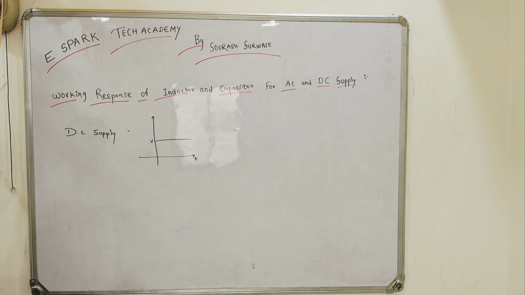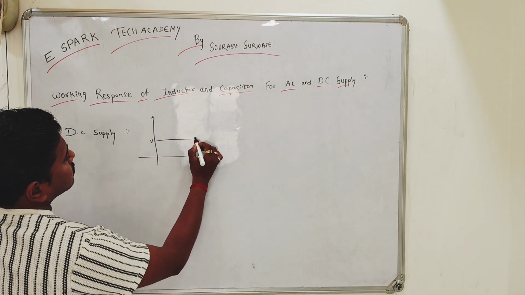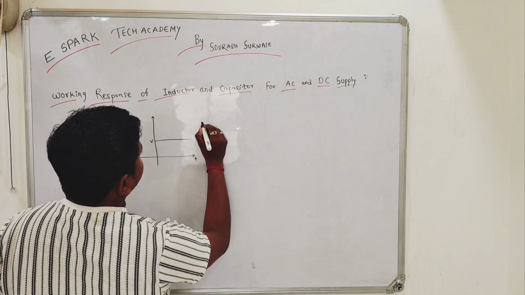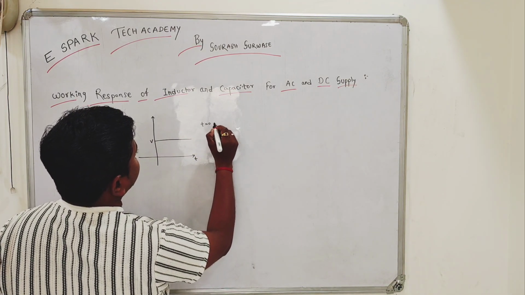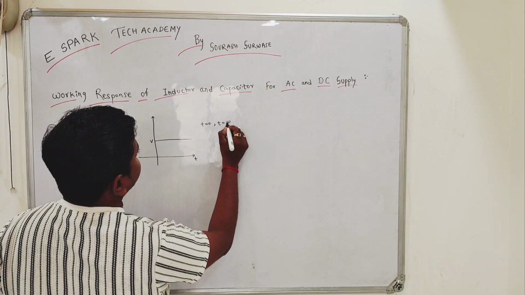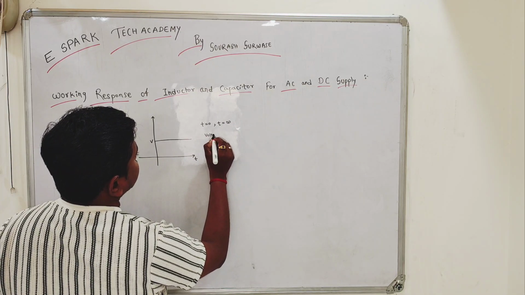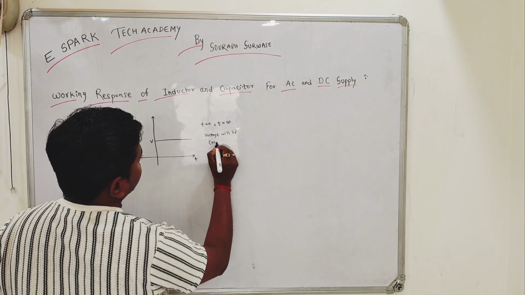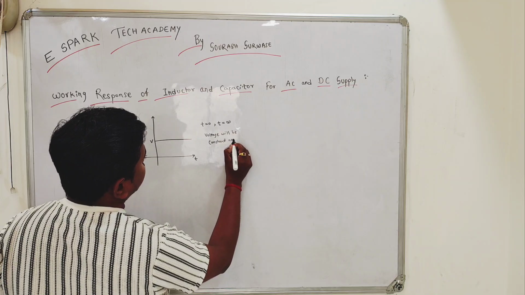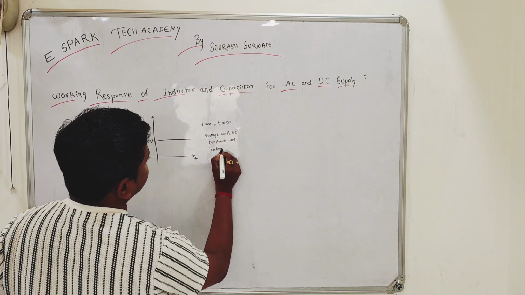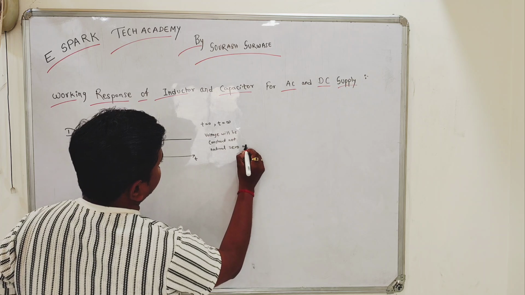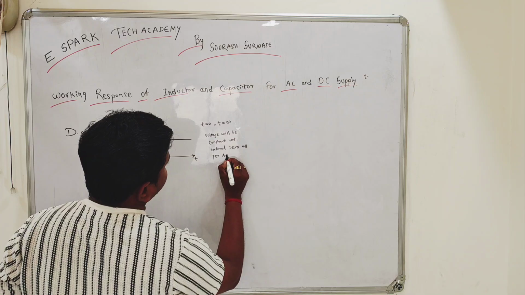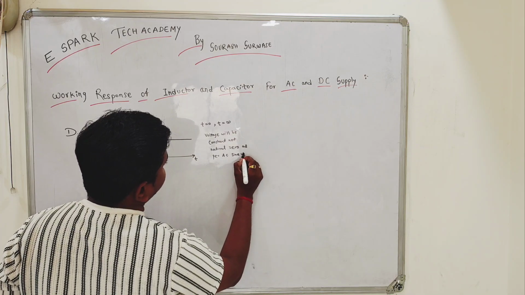At t is equal to 0 to t is equal to infinity, the voltage will be constant, not naturally zero as per an AC sine wave.